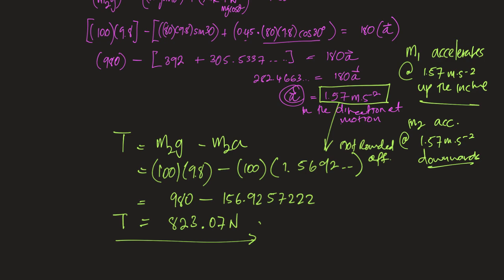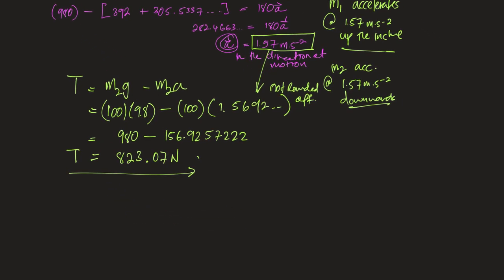If I wanted to do a check, I could do a check. And how we would do a check is we'd look at the tension on the mass that's on the incline. So the formula for that is T is equal to M1G plus MA. Now M1G is actually pulling this mass down that incline, which gives me mg sine theta.